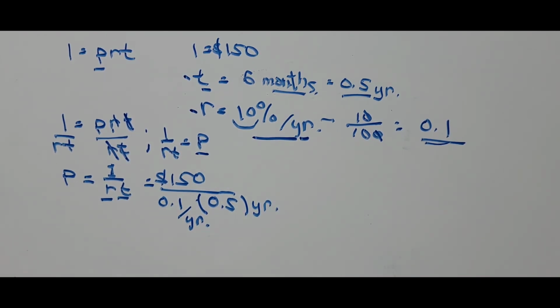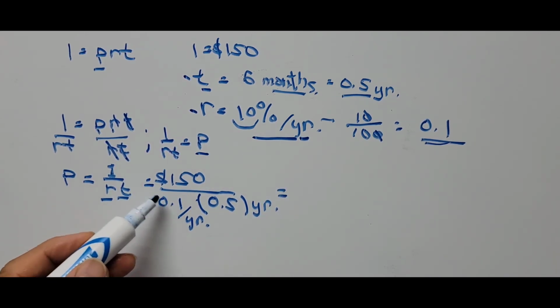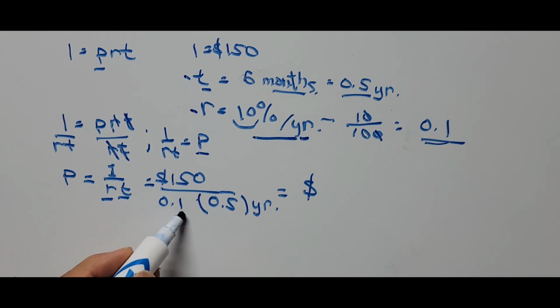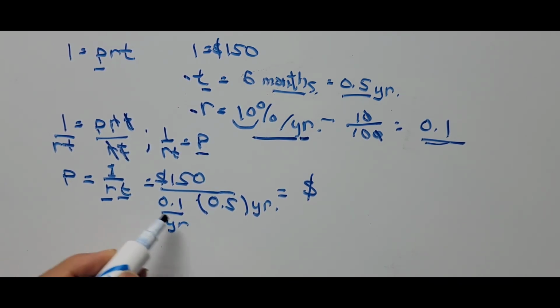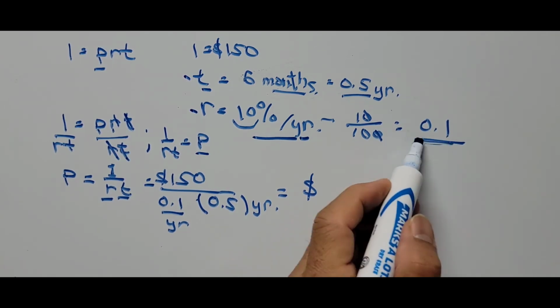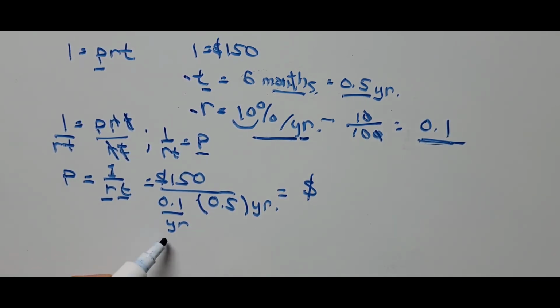And if you notice, the units in this formula should be in terms of dollars. And if you notice, the denominator is also expressed the same way, year divided by year. Since year appears in the denominator, the unit of the rate is percent per year, and in the decimal formula, that's 0.1 per year.